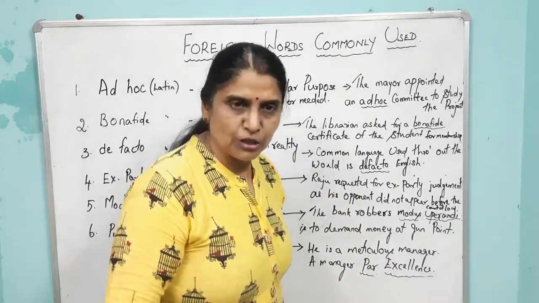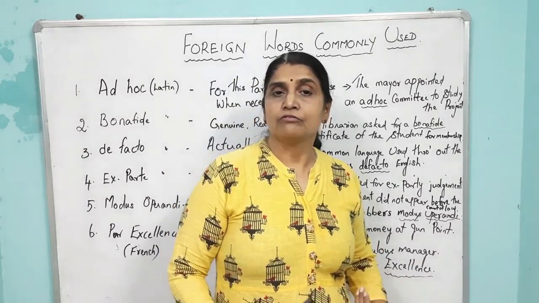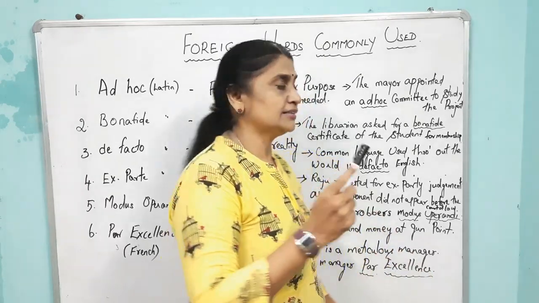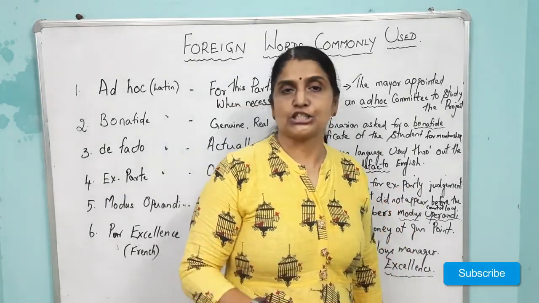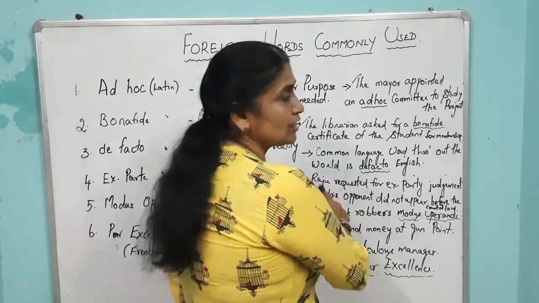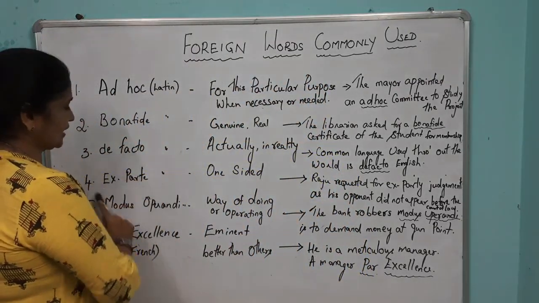But his opponent, on whom he filed a case, did not turn up for more than 3 or 4 times. In that case, the judge can always give an ex parte judgment, in favor of the first party, that is Raju. In that case, we use the word ex parte.